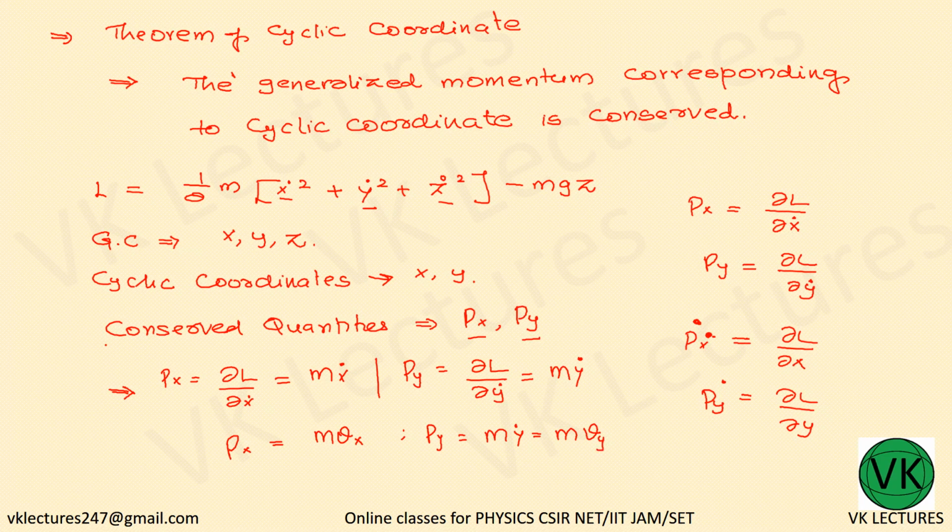So momentum along x and momentum along y are conserved. Momentum along z is not conserved because you have a force along this direction.